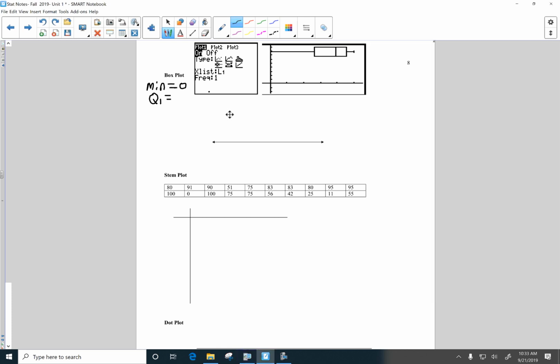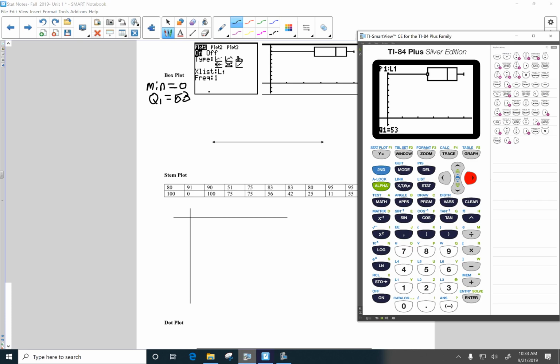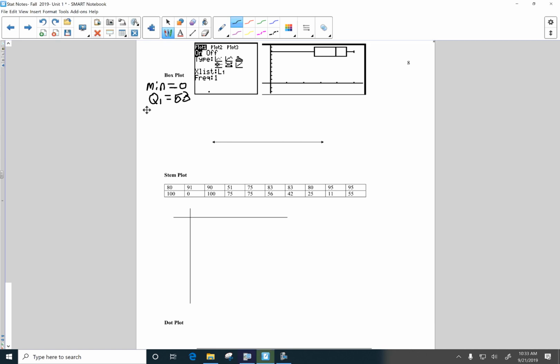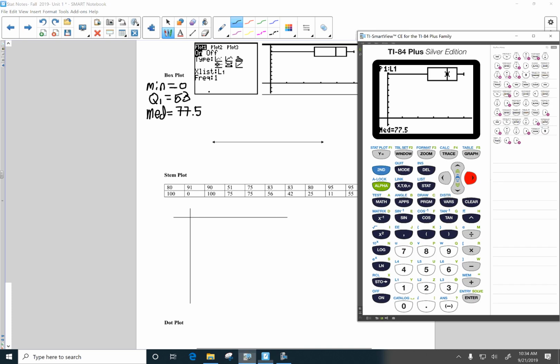53 is that number. Hit the right arrow again. You get your median, 77.5. Right arrow again.